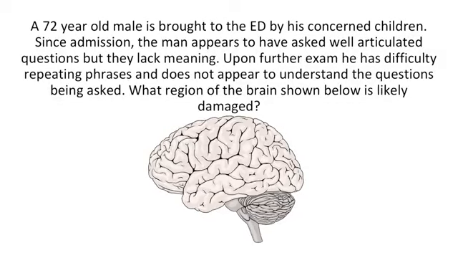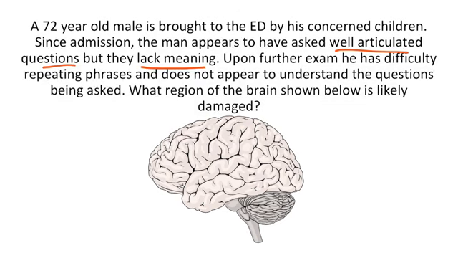Okay, hopefully from the question stem you noticed that the patient is asking well-articulated questions, but they lack meaning. This refers to fluidity. Remember, this type of fluidity that lacks meaning is specific for Wernicke aphasia.